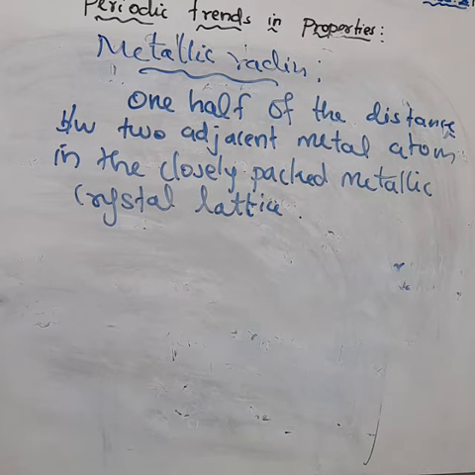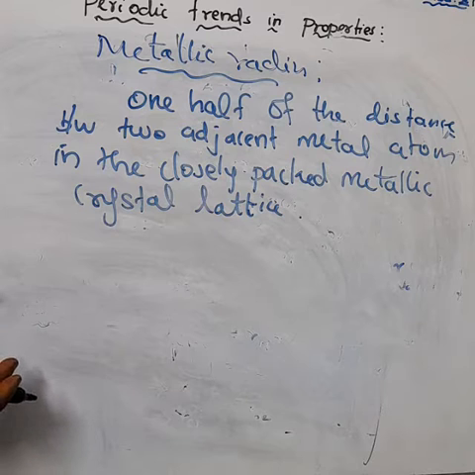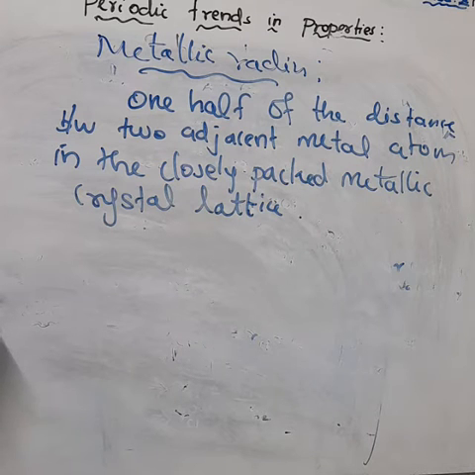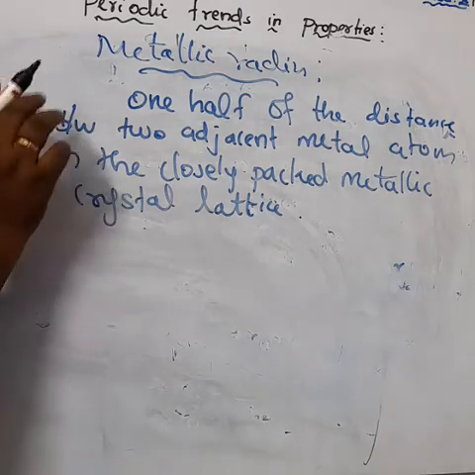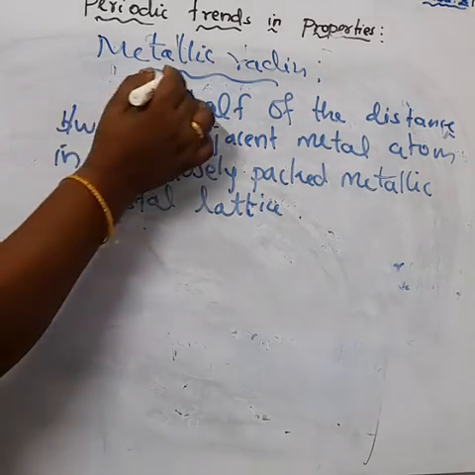Atomic radius means the distance between the center of the nucleus and the outermost valence shell electron. But we cannot measure the radius of an isolated atom directly, so it can be calculated using the covalent radius and metallic radius.